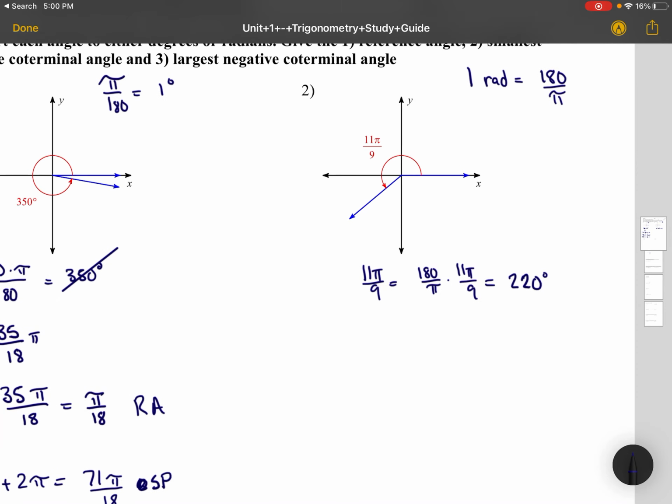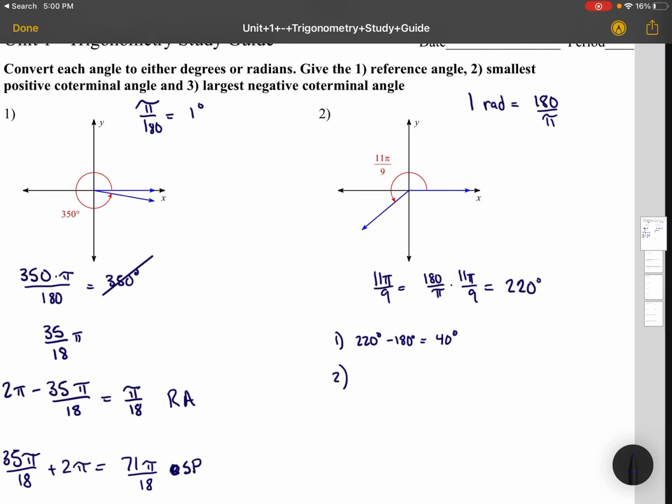So now the reference angle, we can see that the angle is in Q3. So for the reference angle, we're going to do our given angle of 220 degrees, and we subtract 180. And that's going to give us 40 degrees for the reference angle.